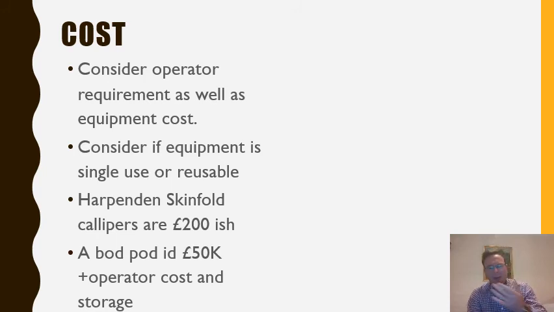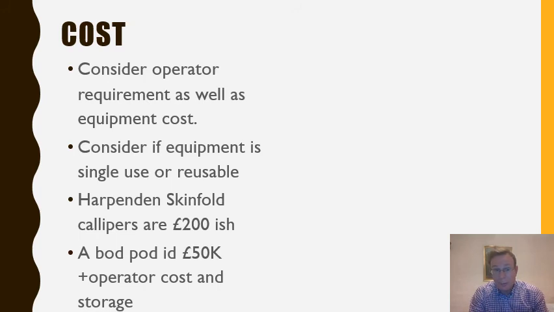If you're justifying an advantage of Harpenden skinfold calipers, they can be bought very cheaply. You can get 10 quid versions, but I don't think they're particularly accurate, and if they're not accurate, then that brings into question the reliability.